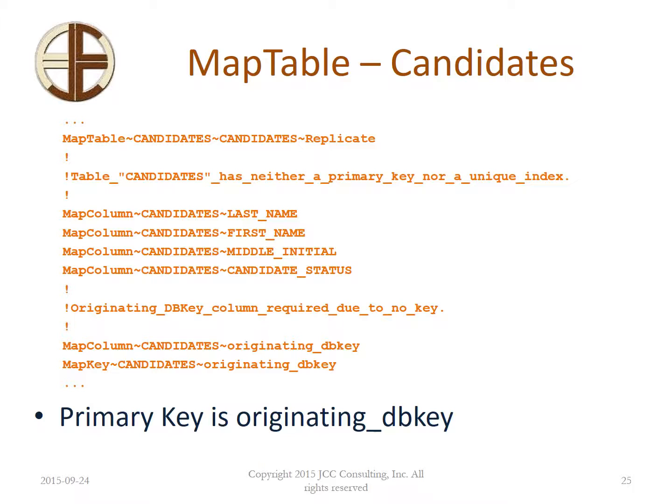In the bottom of this example, we have a map key that says that the key is the originating DB key. In the source database, this table did not have a primary key. And so we're going to add a column to the target that is the DB key of the original record.